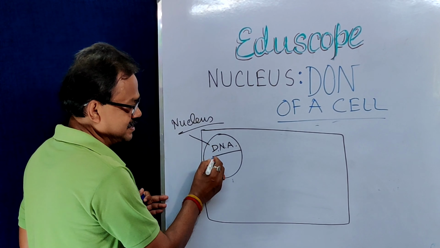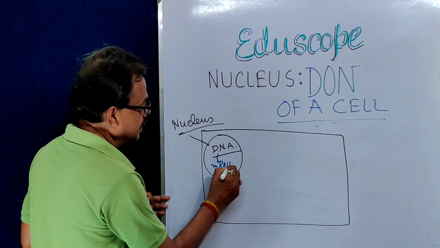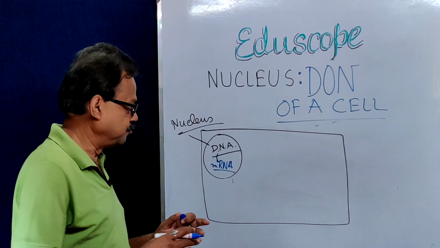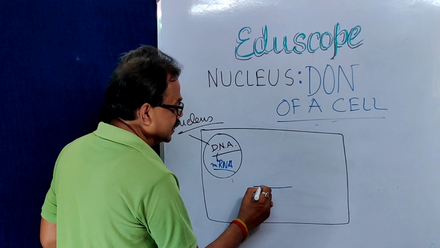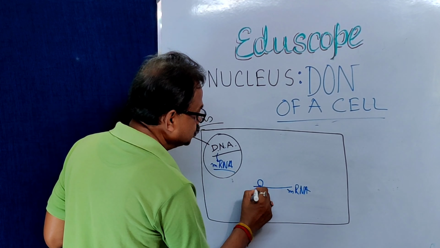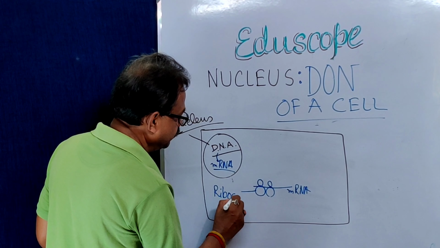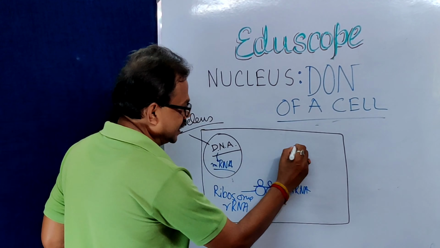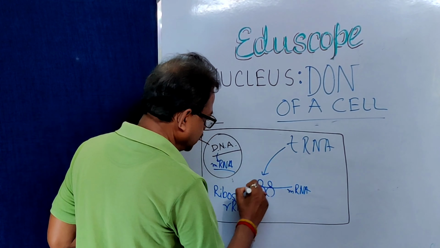This nucleus has DNA. This DNA produces mRNA. mRNA means messenger RNA, which takes the message from the nucleus to the cytoplasm. And here this mRNA unites with ribosome and rRNA. tRNA is another type of RNA which is helping.